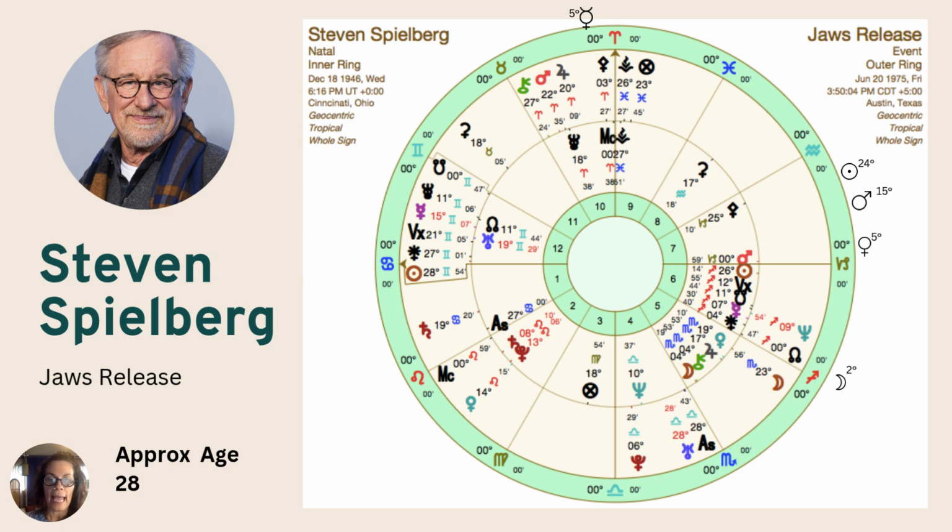And when we're looking at this OP Venus, we can see that it is conjunct his natal Mars. And it's actually in a T square with this transiting Pluto and OP Mercury as well.